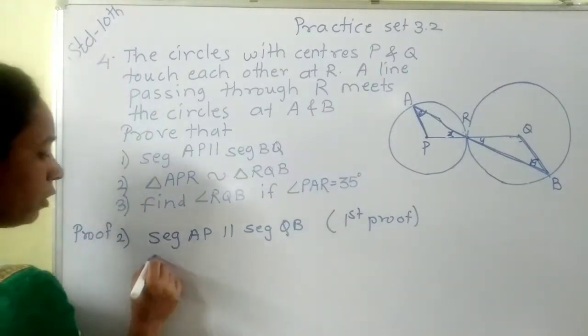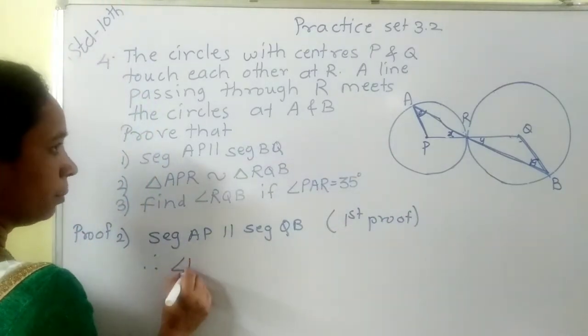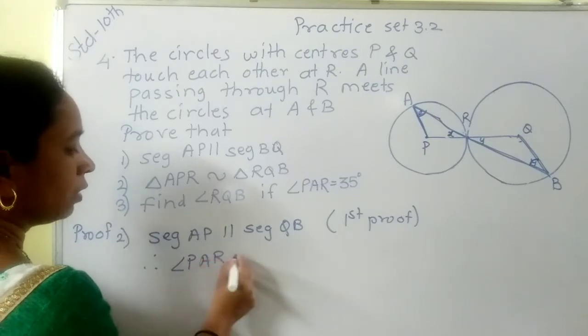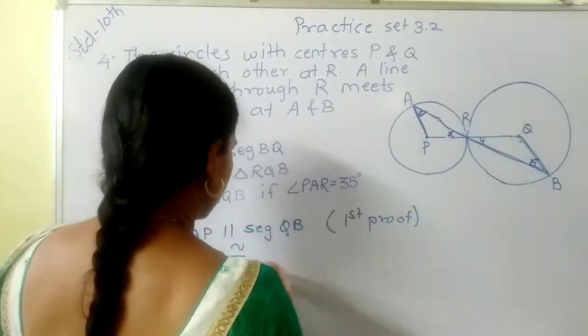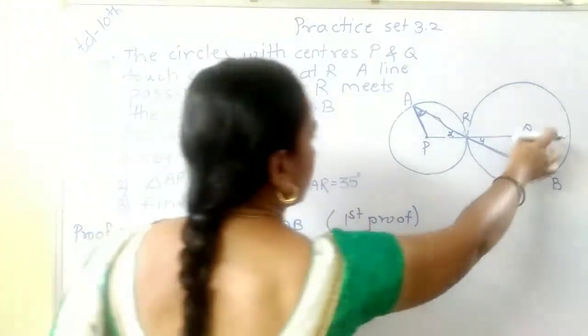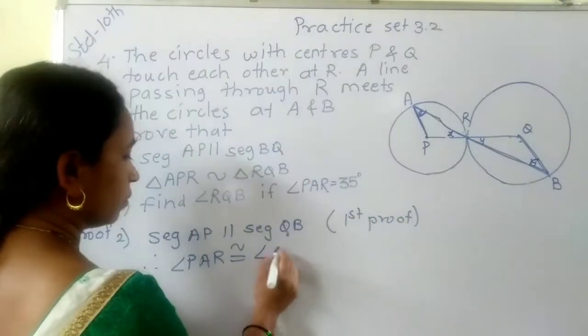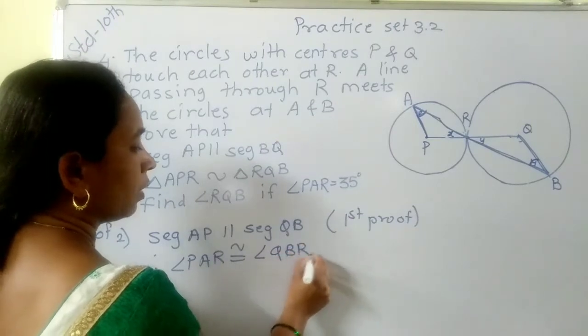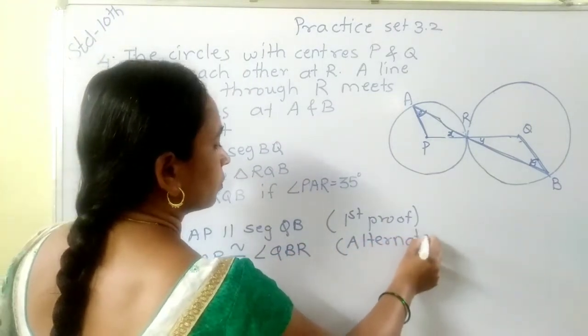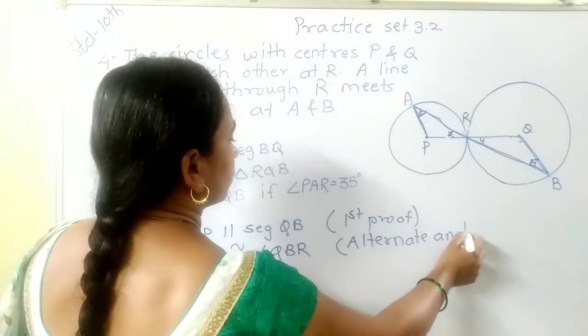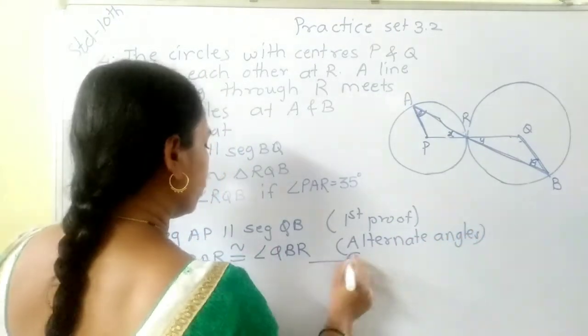So here we have got it. Therefore, angle PAR is congruent with angle QBR. And what is the reason? Alternate angles. So here I'll give the first one.